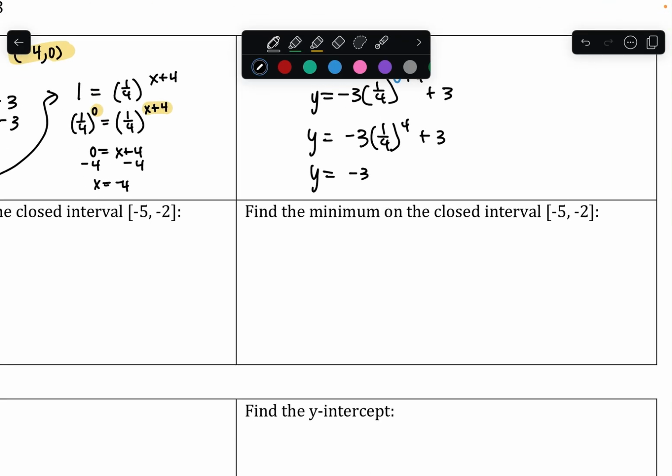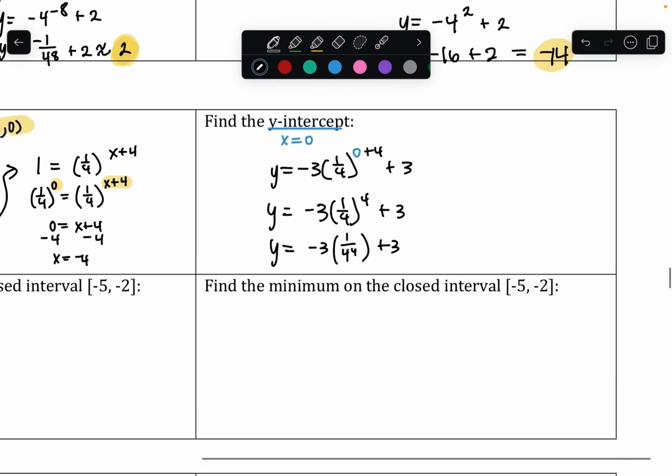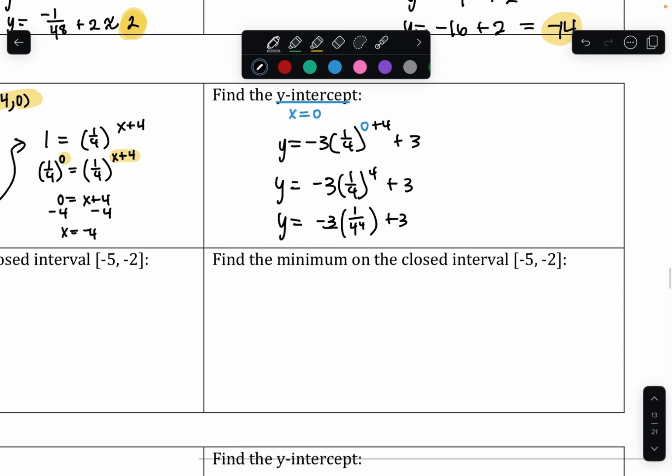And then 1/4 to the 4th power, you just take 1 to the 4th power, which is 1, and then 4 to the 4th power. And then when we multiply these fractions, the negative 3 would be multiplied by the numerator, which would give me a negative 3 on top, over 4 to the 4th power, which is 256, plus 3.